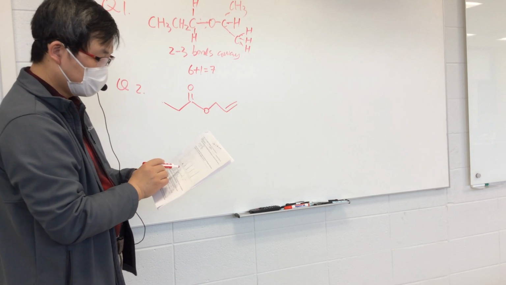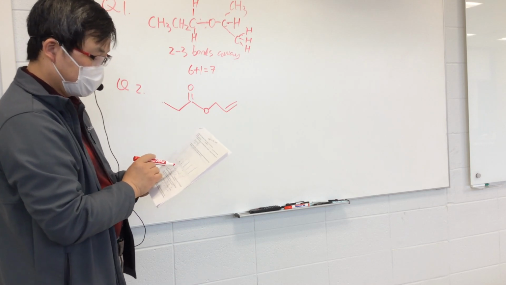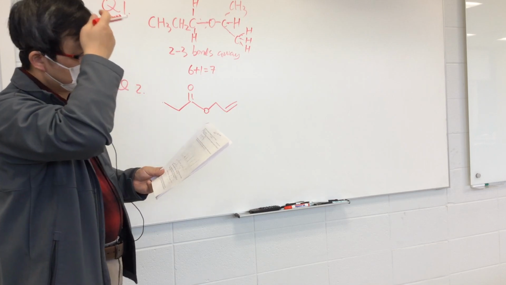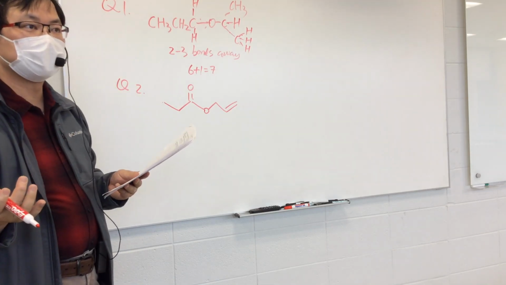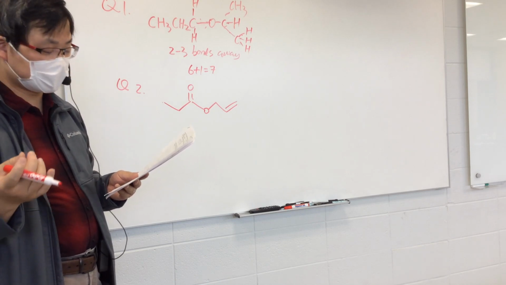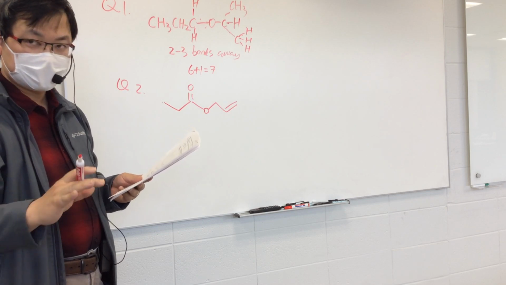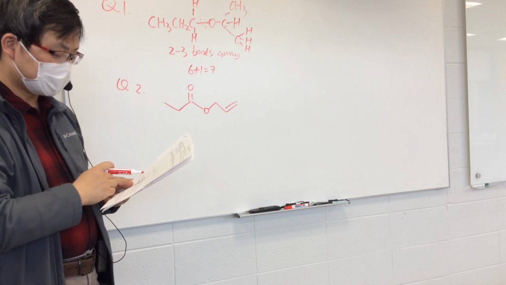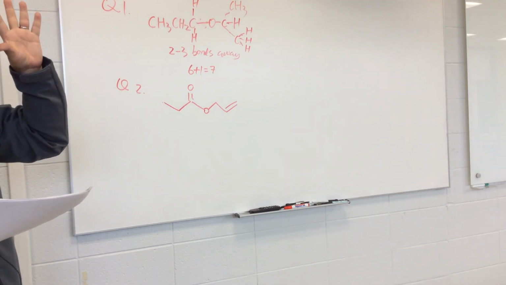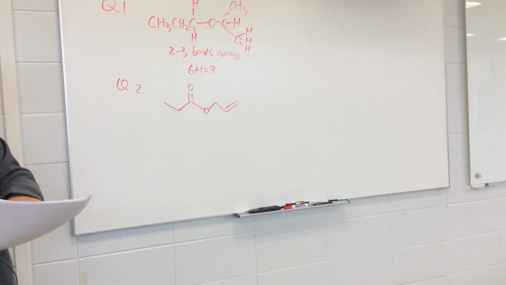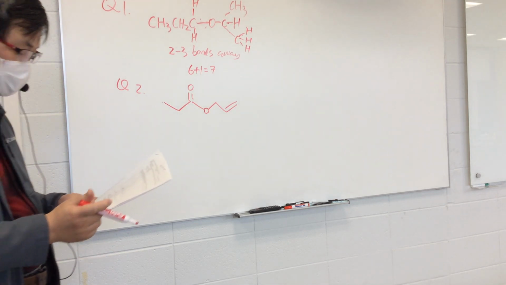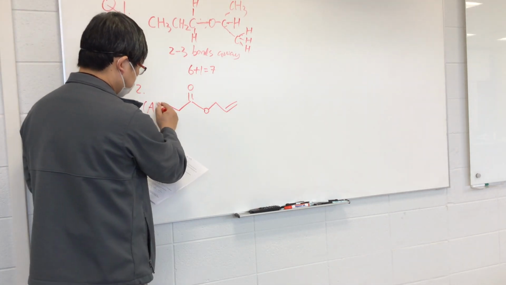And for the two peaks in the range of 5 to 6, that's a very good indication of a carbon double bond. It's very characteristic for hydrogen attached to a double bond to have the chemical shift in that range.